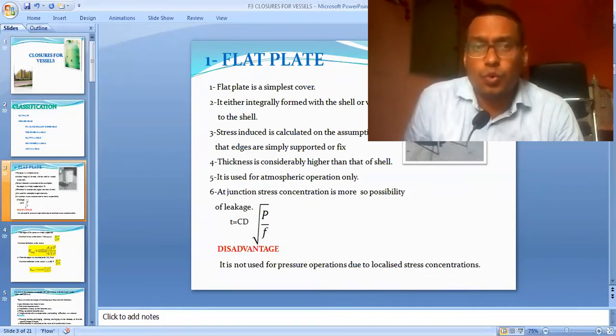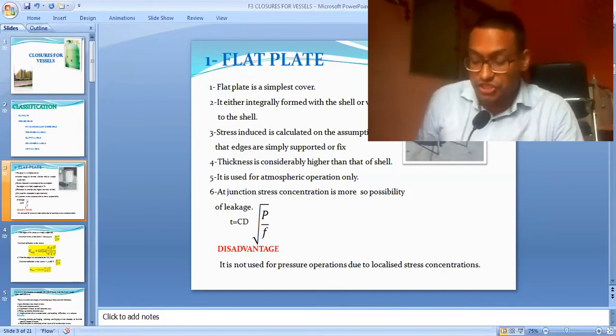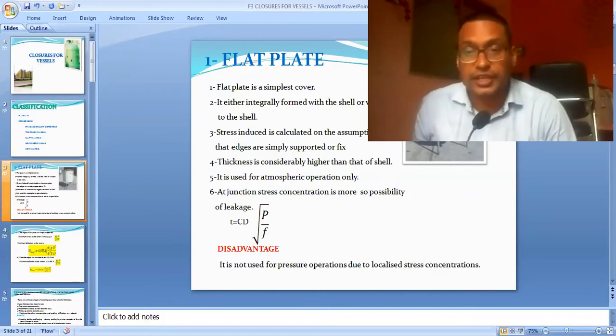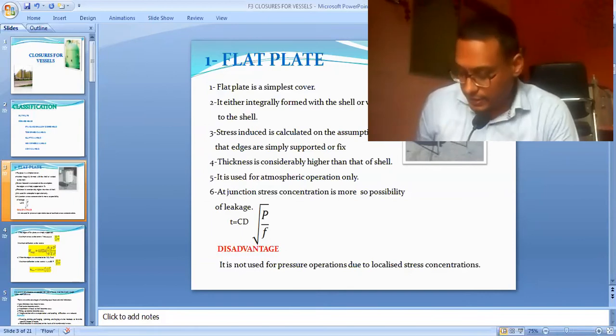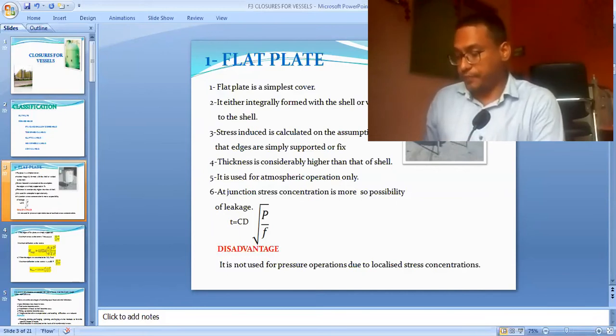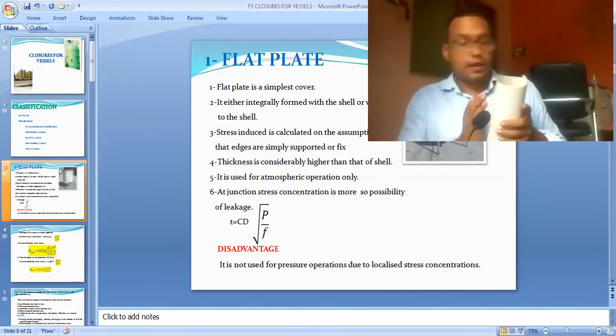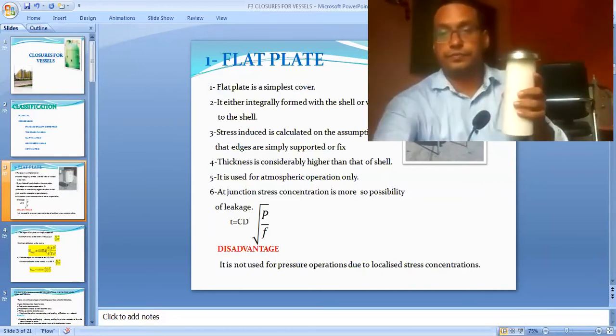But when you think from the stresses point of view, the variation in the stresses that is observed in the case of these flat plates is uneven. That means, this is the point of a junction, which we can see between the shell and the head.